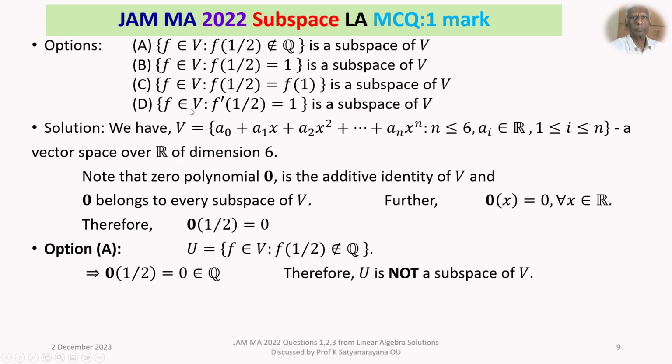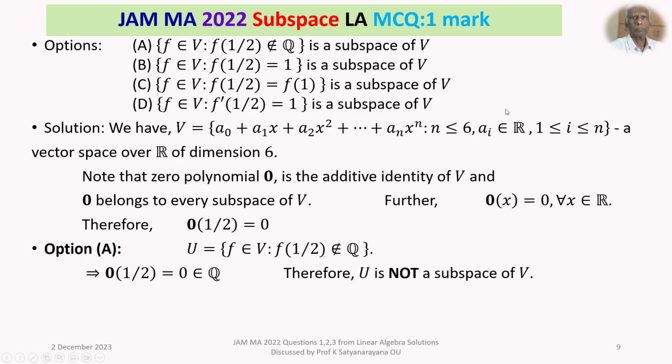In the case of option D, if you take the 0 polynomial, its derivative is also a 0 polynomial. And that 0 polynomial at 1 by 2 is 1 is also not true, because after differentiating the 0 polynomial, you will once again get a 0 polynomial of degree less by 1, and its value at 1 by 2 is 0, but it is given to be 1.